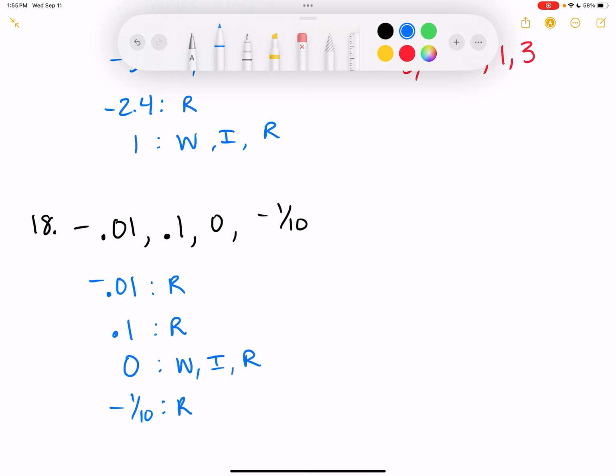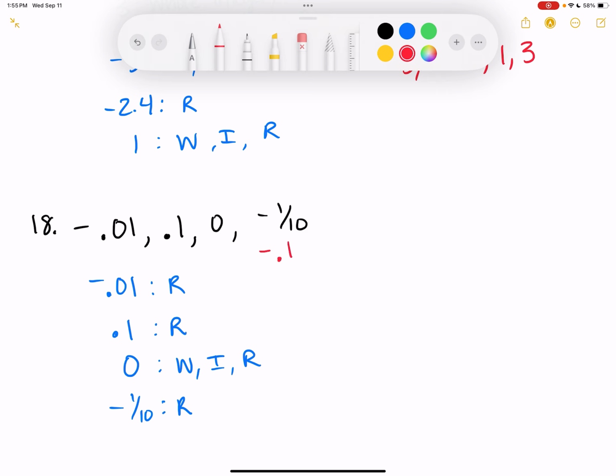All right, now I need to order these. Are they all in the same form? No. I like to go ahead and write everything in the same form so that I don't get confused. Since most of it is decimals, I would rewrite your fraction as a decimal. What is this fraction as a decimal? -0.1. Yep.